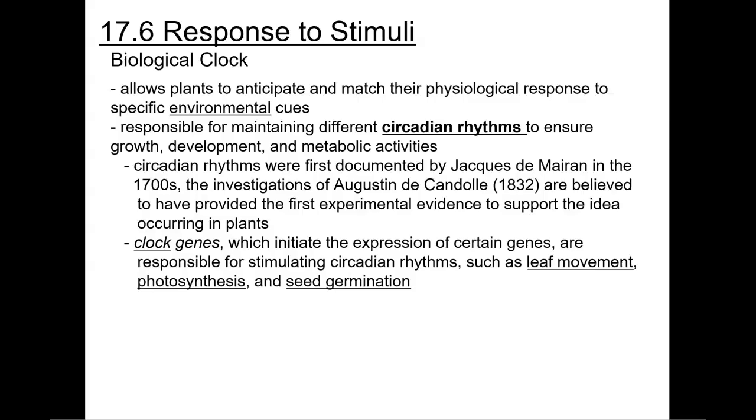Circadian rhythms were first documented by Jacques de Mairan in the 1700s, and the investigations of Augustin de Candolle in 1832 are believed to have provided the first experimental evidence to support the idea occurring in plants. Clock genes, which initiate the expression of certain genes, are going to be responsible for stimulating circadian rhythms such as leaf movement, photosynthesis, and even seed germination.